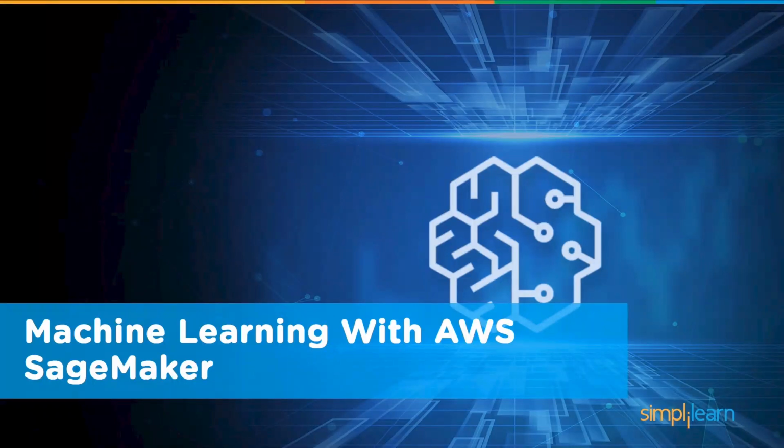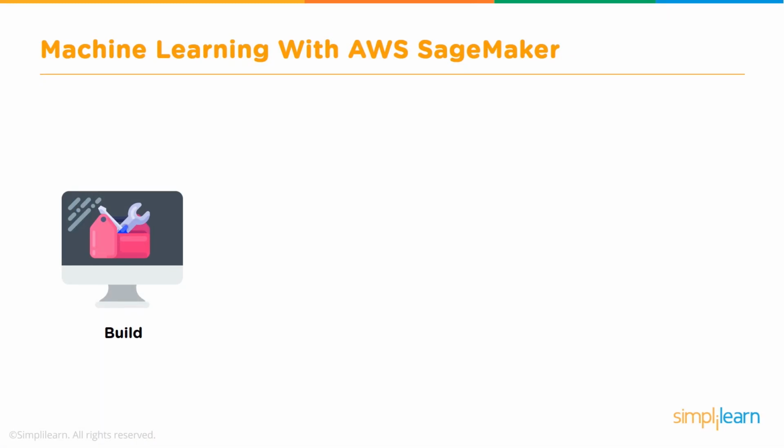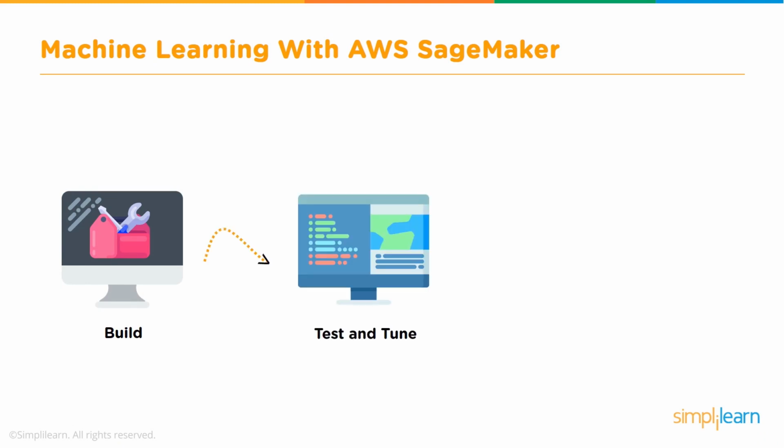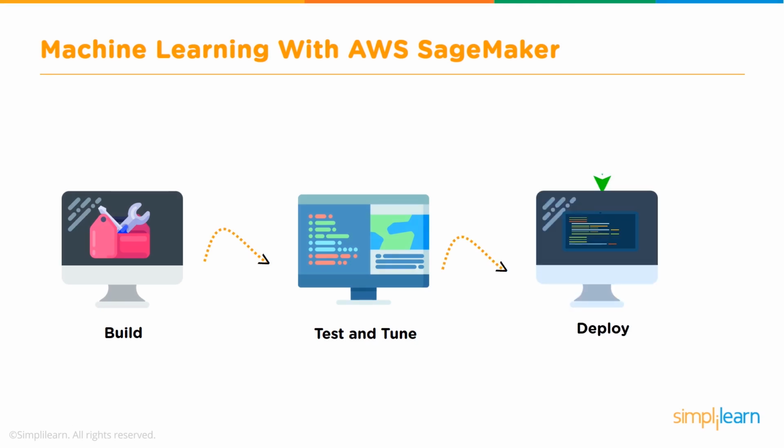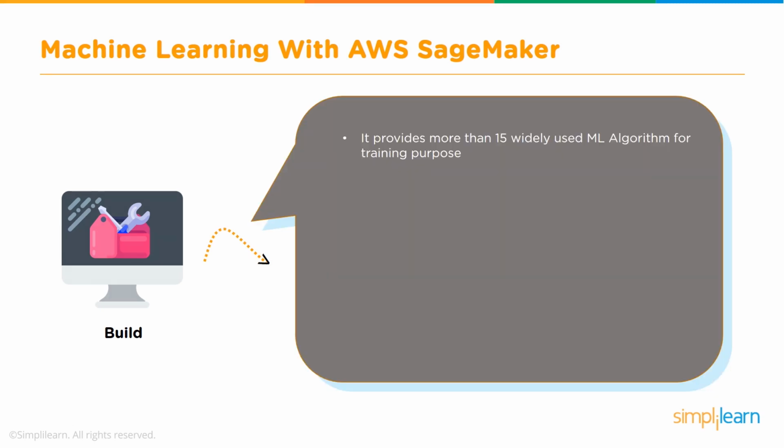Now, machine learning with AWS SageMaker. Let's look into it. Machine learning with AWS SageMaker is a three-step function. One is to build, second is to test and tune the model, and third is to deploy the model. With the build step, it provides more than 15 widely used ML algorithms for training purposes.